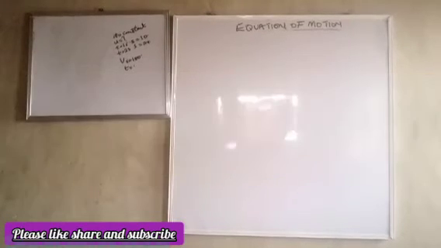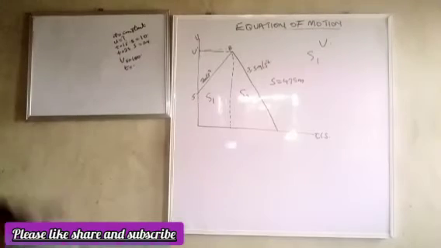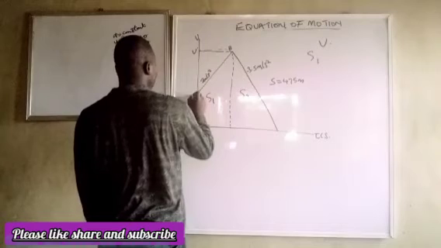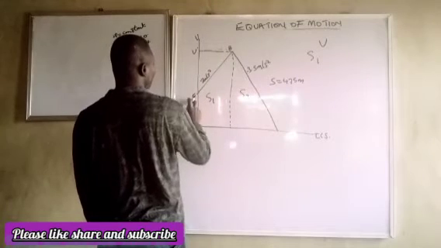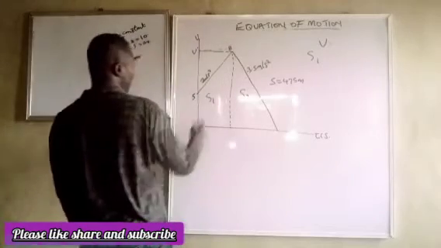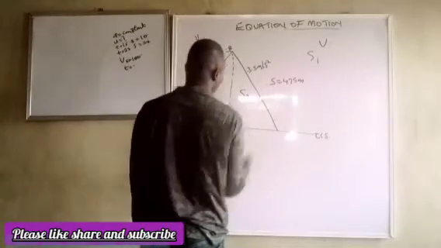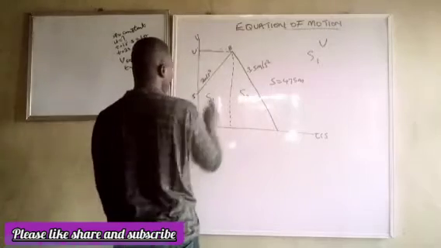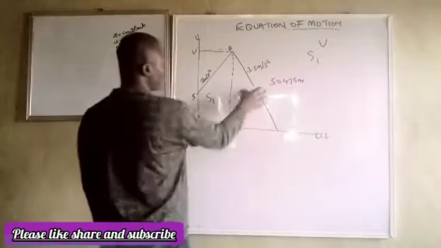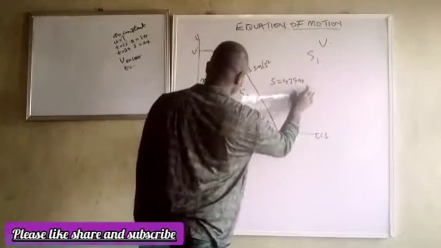Let's use a velocity time graph. Now we are told that the body was initially at 5 meters per second. It accelerated with 2 meters per second squared and then decelerated with 3.5 meters per second squared. The total distance covered is 475 meters.